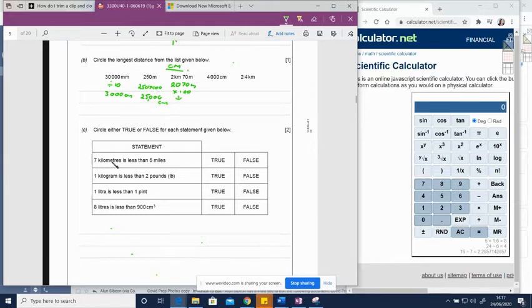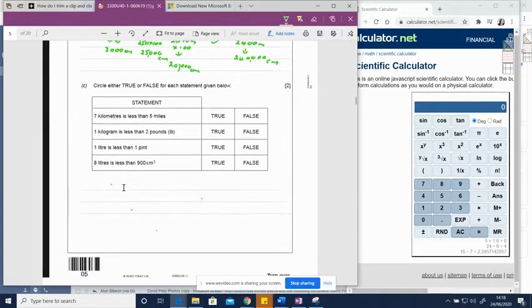And that gives us 207,000 centimetres. 4,000 centimetres, I'll leave it. 2.4 kilometres, which is 2,400 metres. Multiply by 100 to get it to centimetres, which is 240,000 centimetres. So the longest distance is 2.4 kilometres, so I'll circle that one.